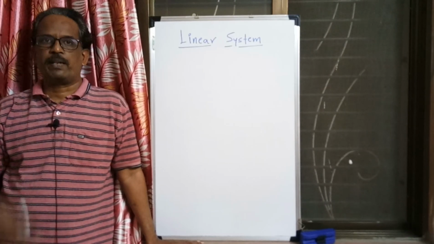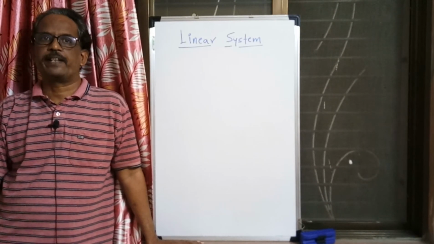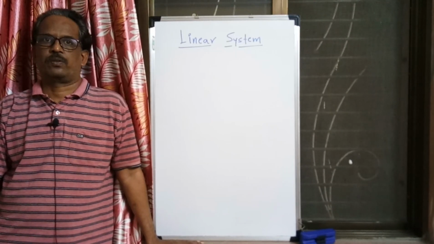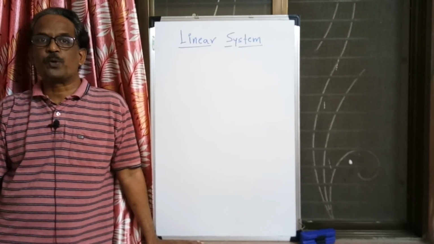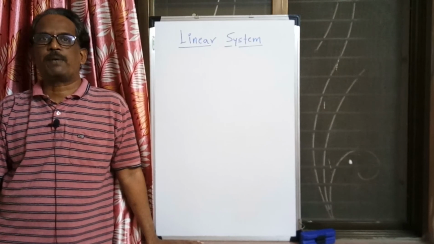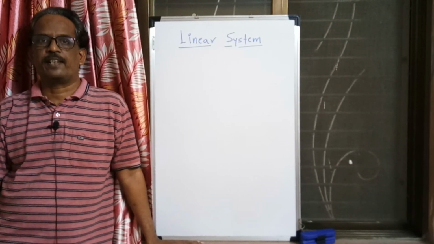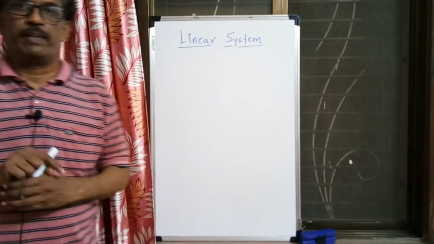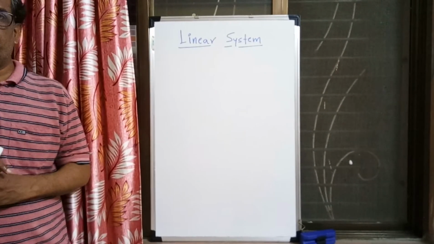That is why one should study whether a system is linear or not. Many things are already proved and can be applied if the system is linear. Whatever I said, we'll see with the help of a block diagram.